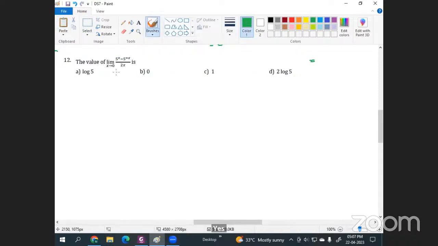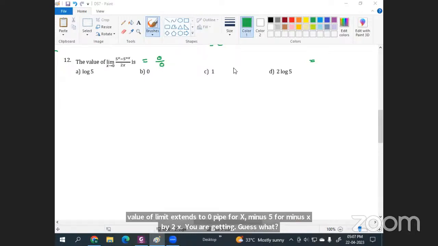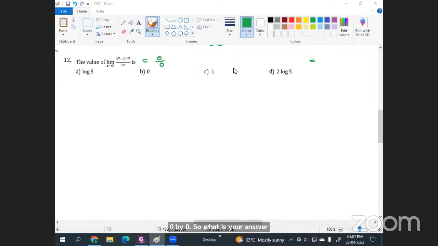The value of limit x tends to 0, (5 power x minus 5 power minus x) by 2x. You are getting as what? 0 by 0. So what is your answer? Okay, good. The value of limit x tends to 0, (5 power x minus 5 power minus x) by 2x. What is your answer?